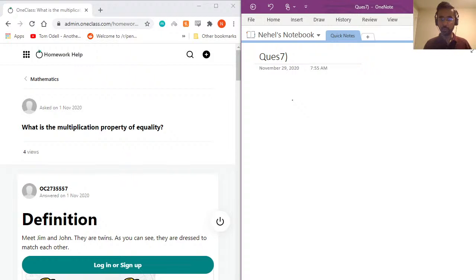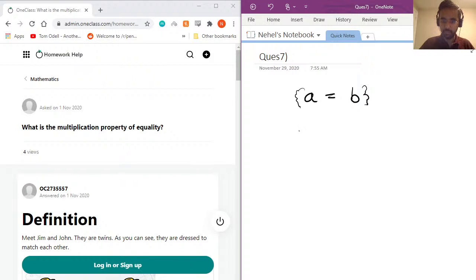Only then those two terms will remain the same. That's kind of how equality works in general. If you do an operation on one side, you need to do it on the other side as well to maintain the relationship. So essentially, the multiplication property of equality states that if I have an expression A equals B, if I multiply anything on this side, I will need to multiply the same thing on the B side as well in order to maintain the equality.